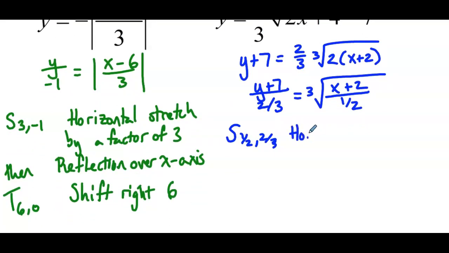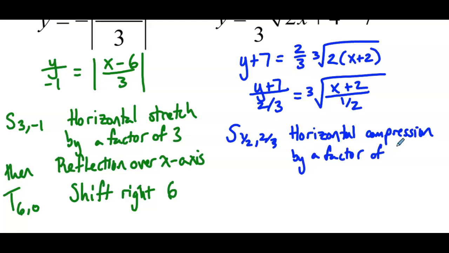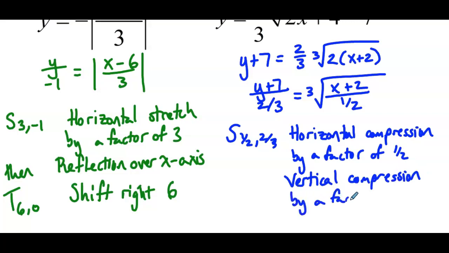So we have a horizontal compression by a factor of 1/2. And then 2/3, follow that with a vertical compression by a factor of 2/3.